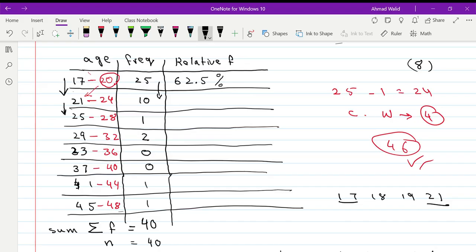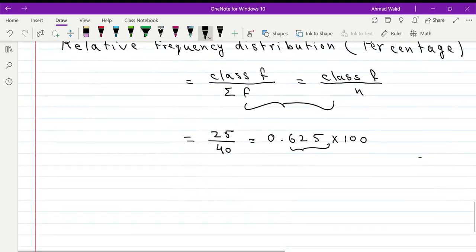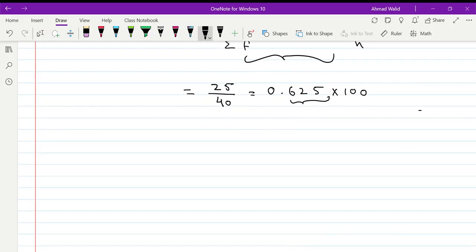Same way I can do the next class, correct? Next class is 10 divided by 40, which gives you 1/4, correct? And if you use again your fancy calculator that I told you to buy, 1 divided by 4 gives you 0.25.